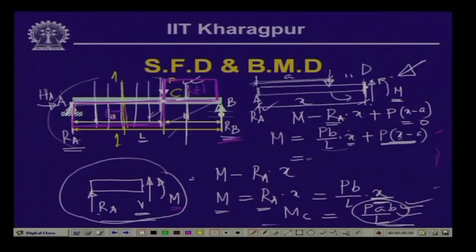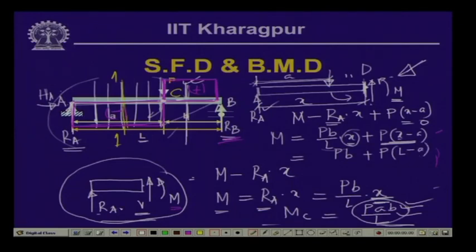When x is equal to L, this is equal to P b plus P into x, where x we have substituted as L minus a.